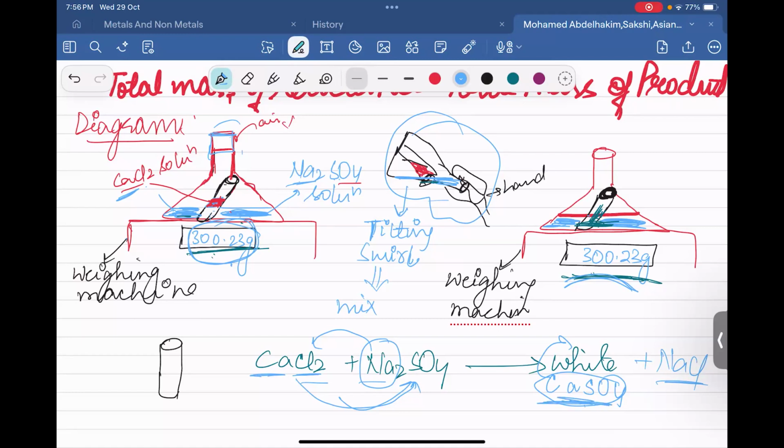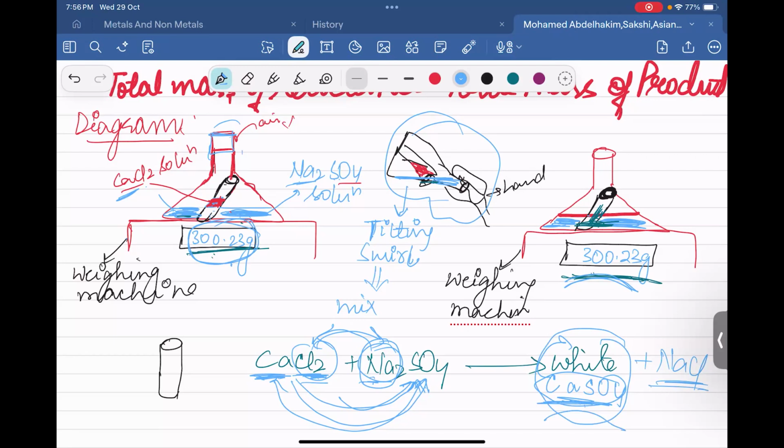Calcium reacts with the sulfate of sodium sulfate, and Na and Cl are left. They combine with each other, and calcium and sulfate combine with each other. So this is a white precipitate of calcium sulfate, and the leftover is NaCl.